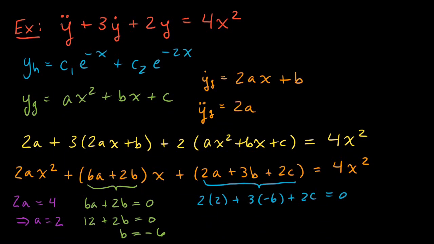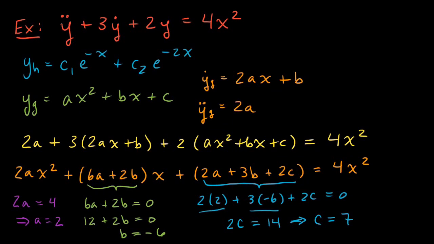All right, so what do we have here? We have 4 plus -18, so that's going to be -14. We take that to the other side. We know that 2c equals 14, and therefore c equals 7.